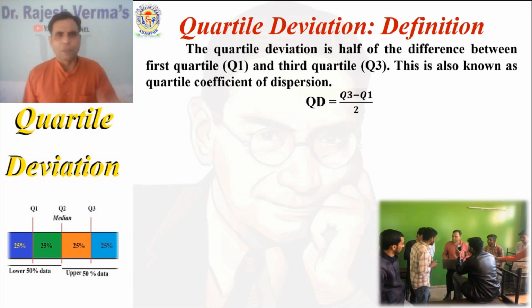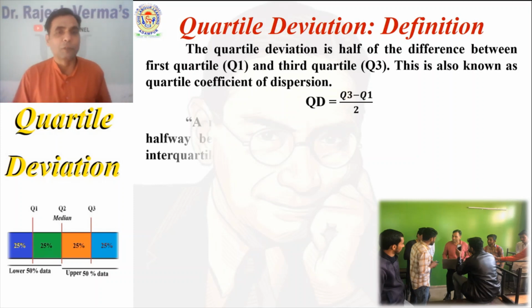This is also known as the quartile coefficient of dispersion. Quartile deviation is one of the important measures of variability, dispersion or spread of the data. So this is the formula. It is generally represented by Q or QD. QD is simply Q3 minus Q1 divided by 2, or half of the difference of quartile 3 and quartile 1.